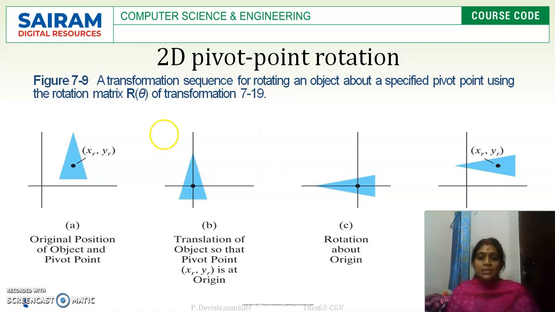So the first thing is translation of the object so that the pivot point is at the origin. Afterwards we do the rotation operation. After performing the rotation, once again we change the object back into its original position, xr and yr.